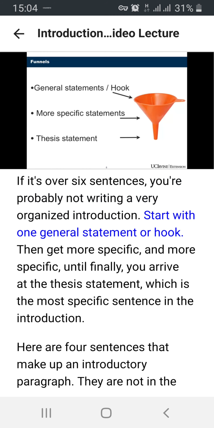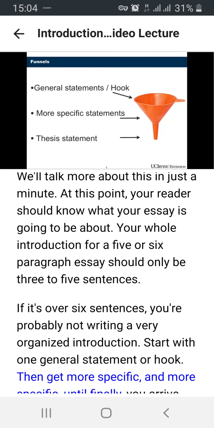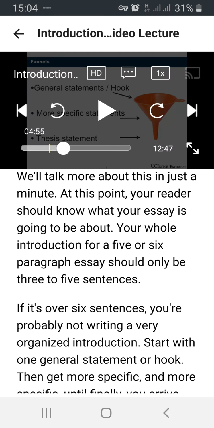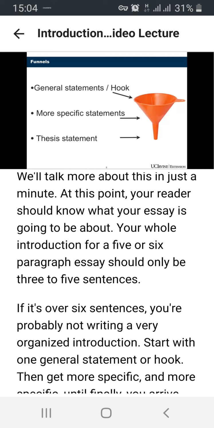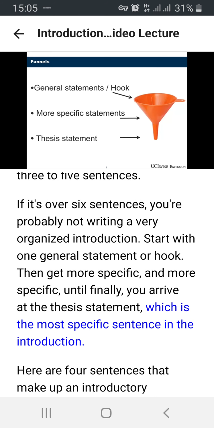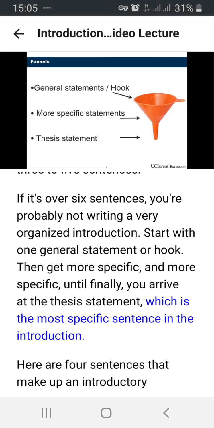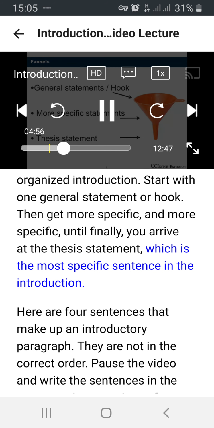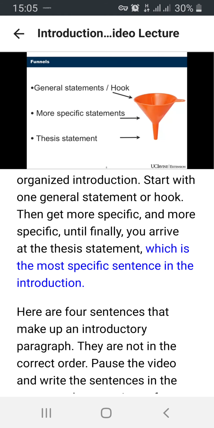Start with one general statement or hook, then get more specific until finally you arrive at the thesis statement, which is the most specific sentence in the introduction.